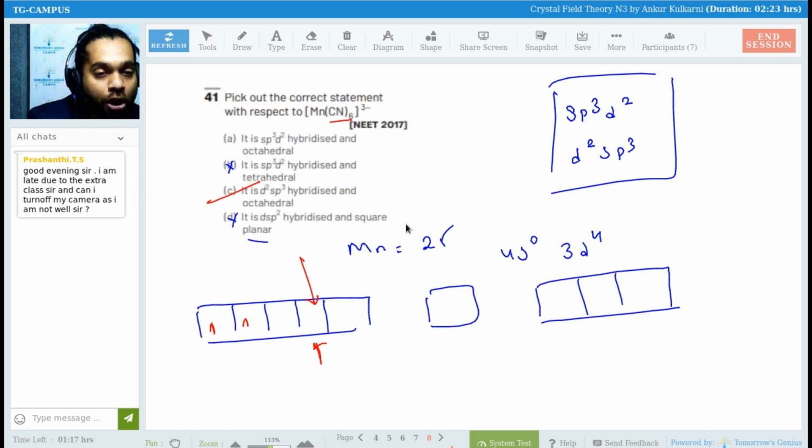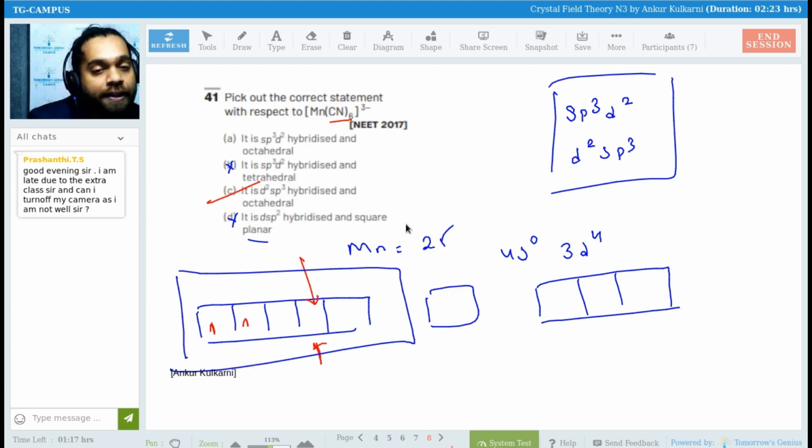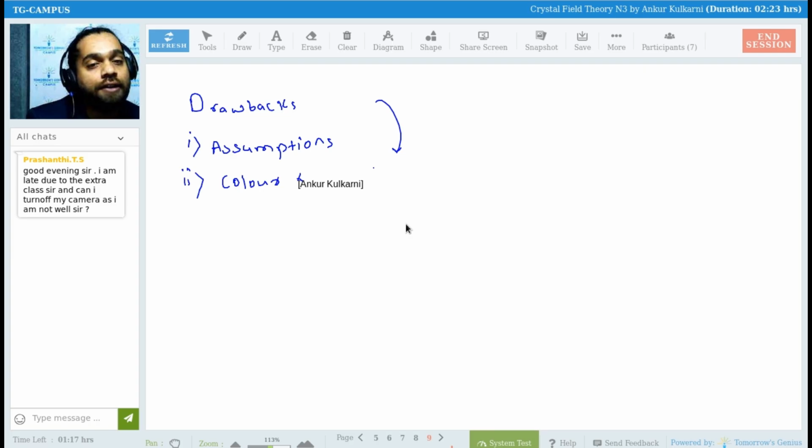Now over here, VBT considers everything at the same energy. Each and every d orbital is at the same energy. So there are no d-d transitions. Hence, the color we cannot see. The color cannot be explained via VBT. Obviously, the compound is colored, but we cannot explain it via VBT. Is it clear?